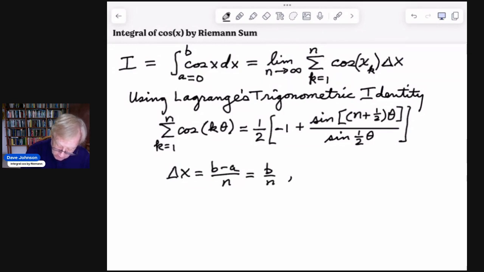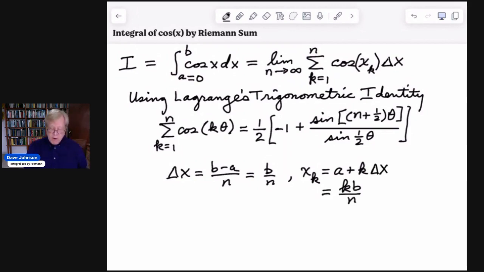We also know that x sub k is equal to a plus k times delta x. So since a is 0 and delta x is b over n, I can write that x sub k is equal to kb divided by n.